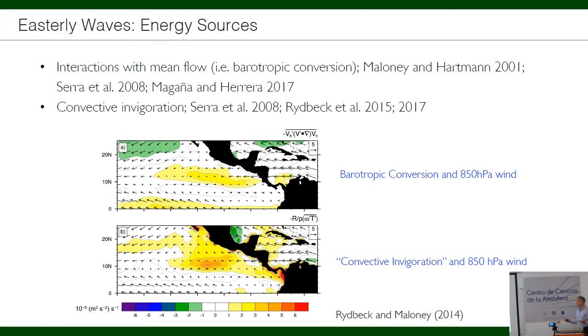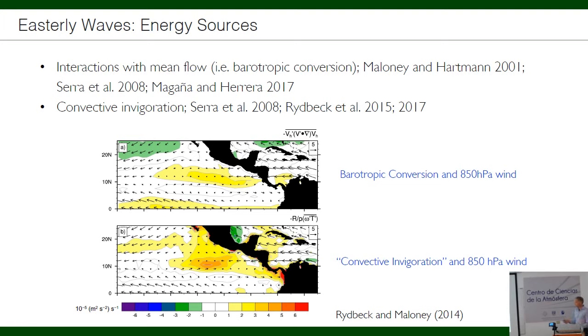When you look at the relative magnitude of those two energy sources in the Eastern Pacific, you can see that convection is about twice as important as energy extraction from the jet, if you do a basic kinetic energy budget of the easterly waves.